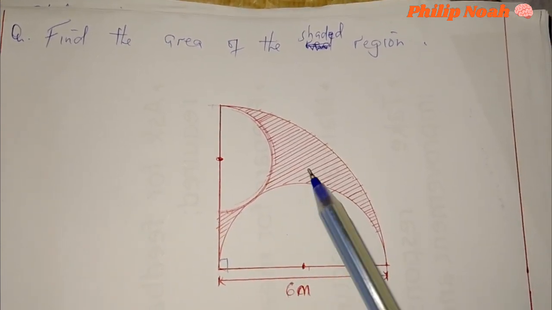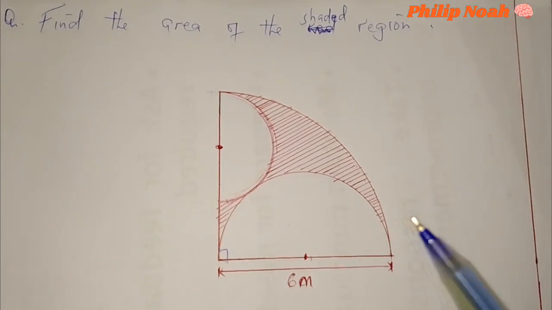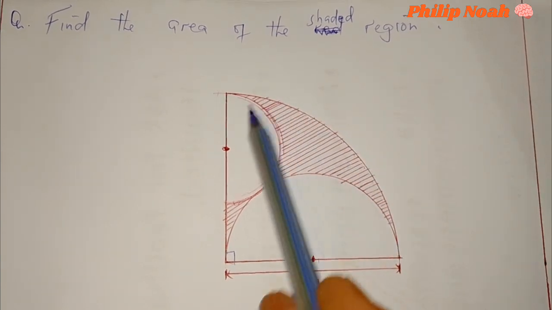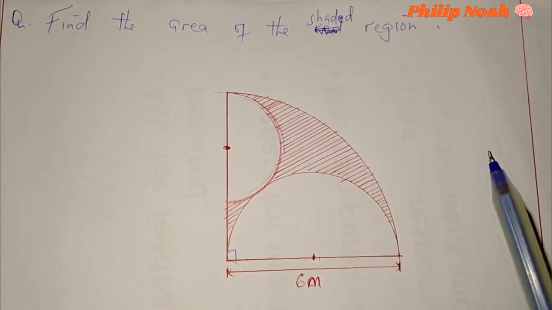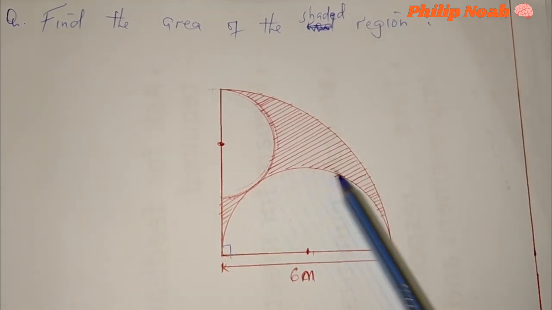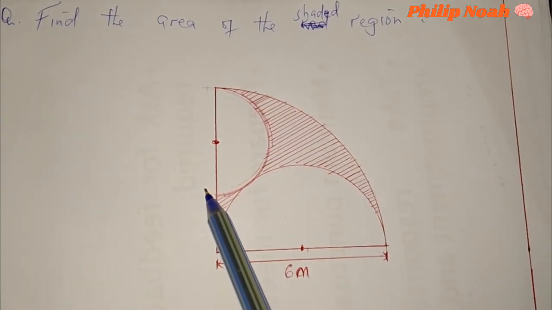I'm saying that for us to get the area of the shaded region, we must find the area of this quarter circle. Then we take that area of the quarter circle and subtract the area of this semicircle and the area of this semicircle. Are we there?